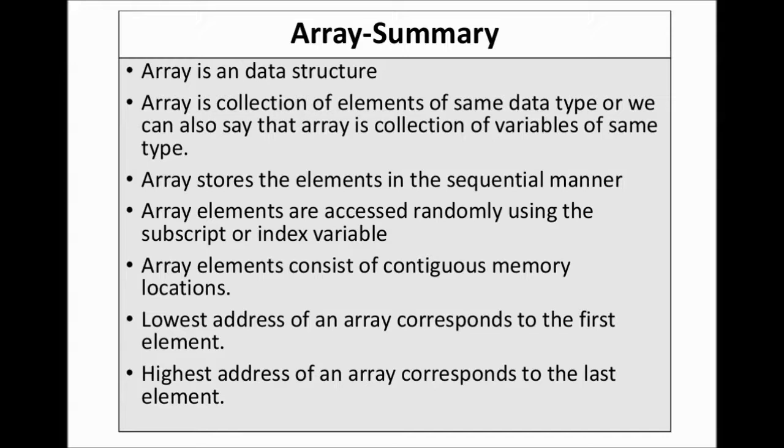Array elements are accessed randomly using the subscript or index variable. Array elements consist of contiguous memory locations. The lowest address of an array corresponds to the first element. The highest address of an array corresponds to the last element.